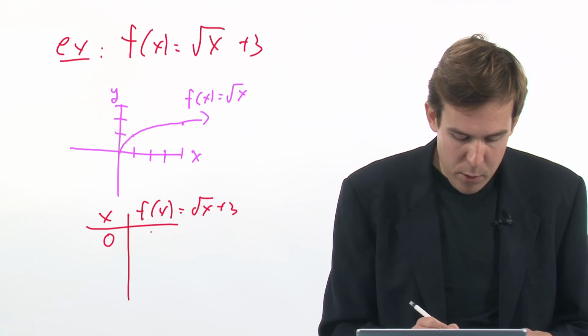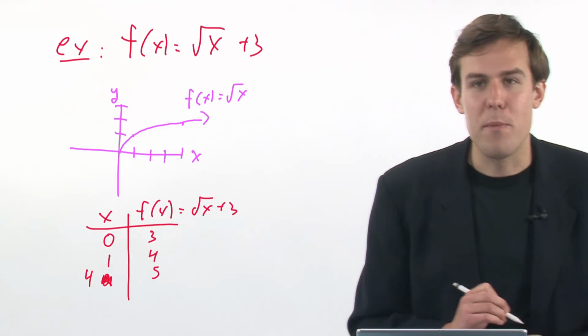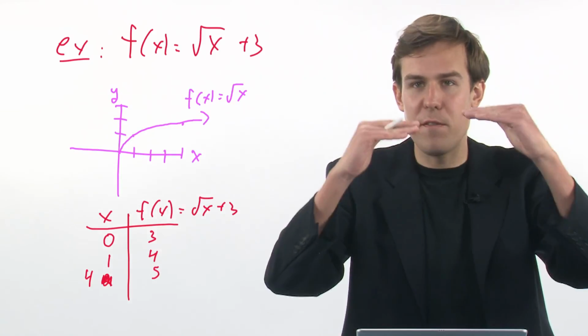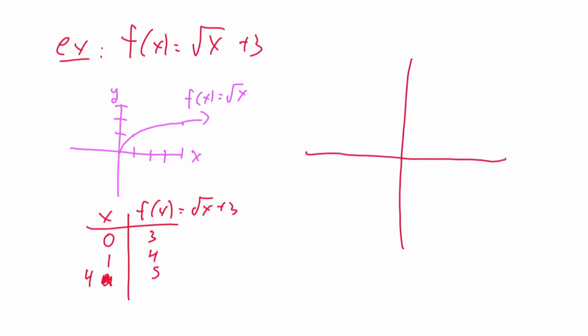If I plug in 0, I'm going to get 3. If I plug in 1, I'm going to get 4. If I plug in 4, I'm going to get 5. So the picture is very similar except shifted up by 3. We'll draw the plot like this.